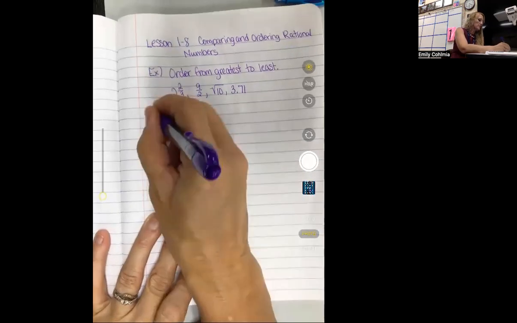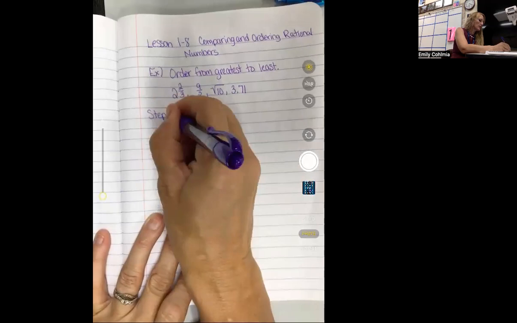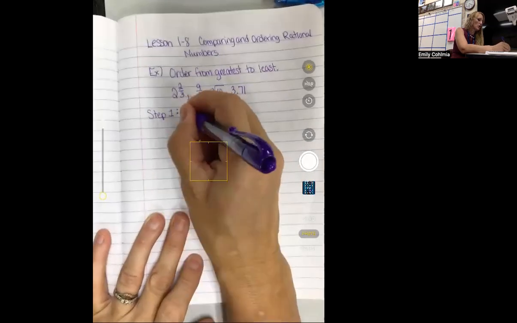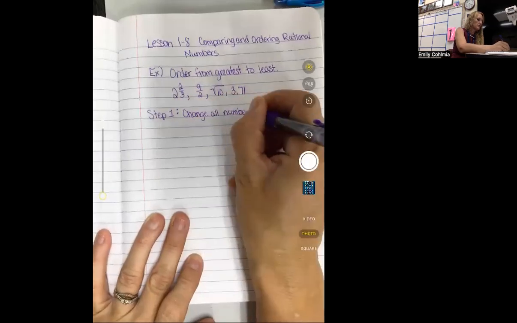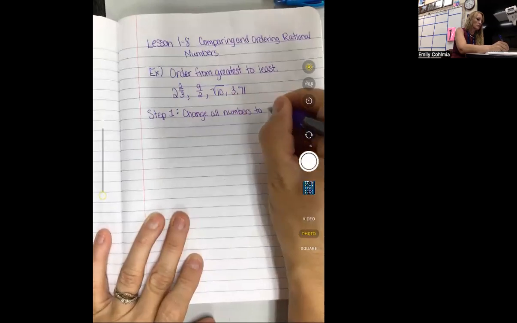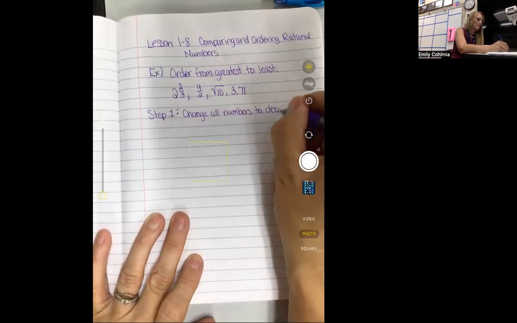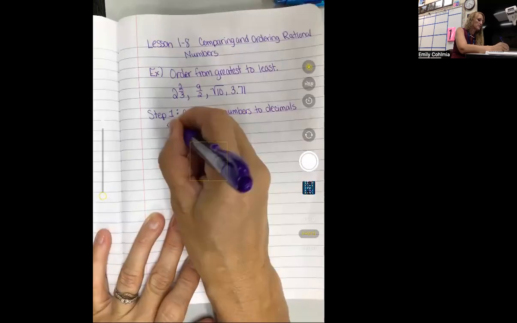So step 1 is going to be to change all numbers to decimals rounded to 4 places.